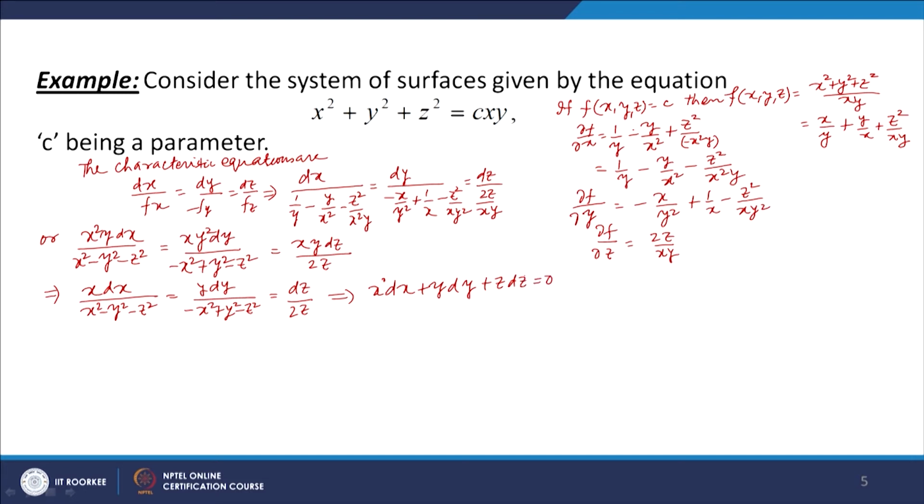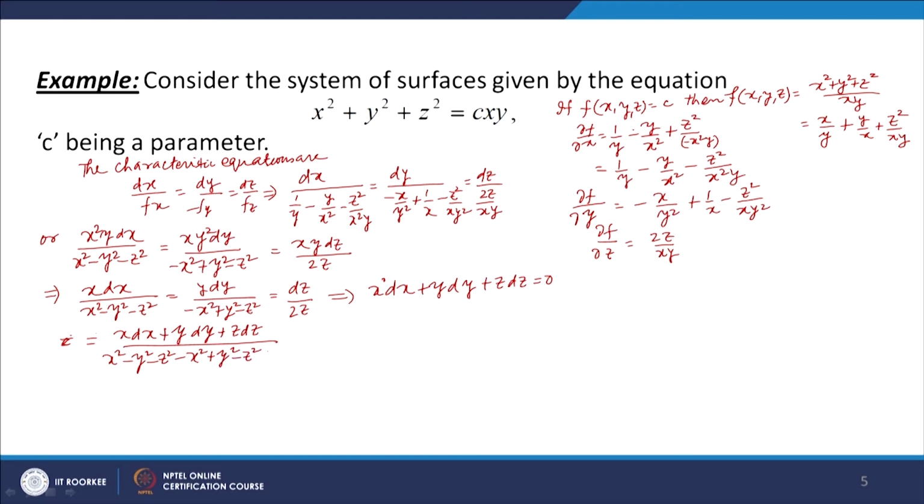is equal to 0, because this is what you can see: this is equal to x dx plus y dy plus z dz, over x square minus y square minus z square minus x square plus y square minus z square.